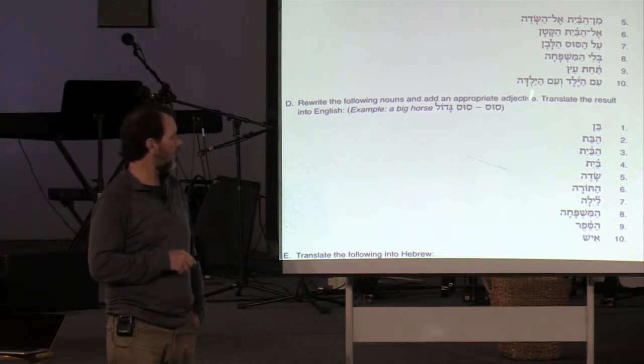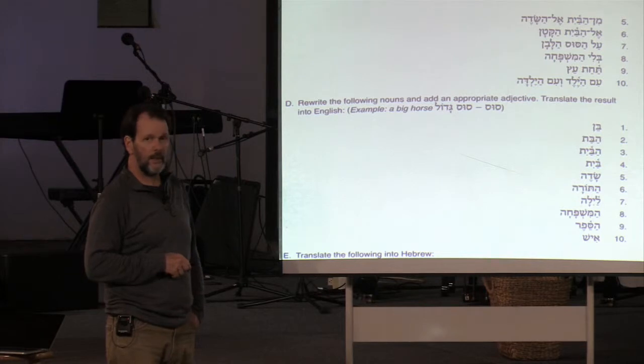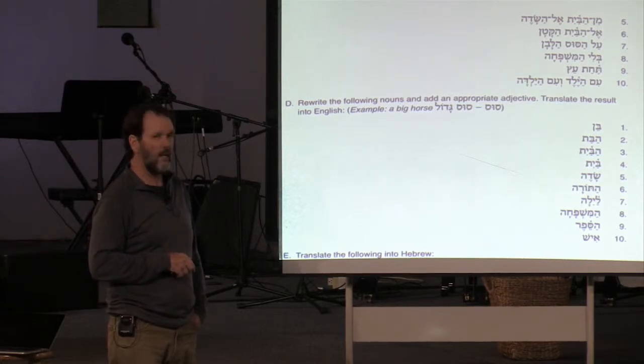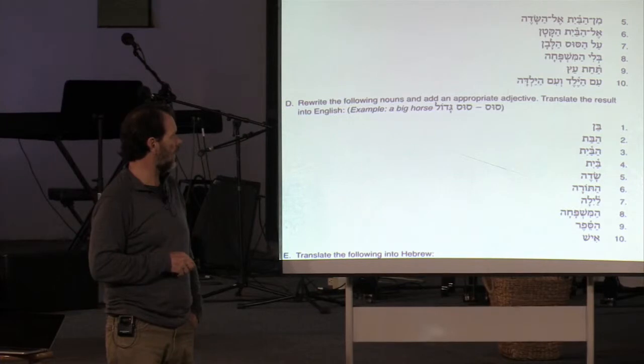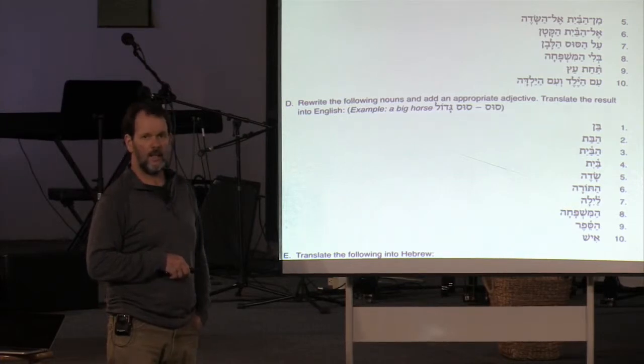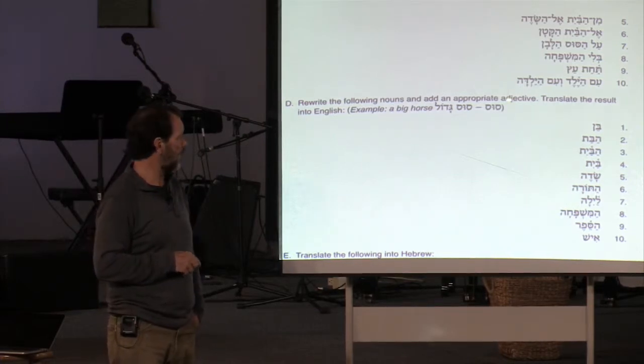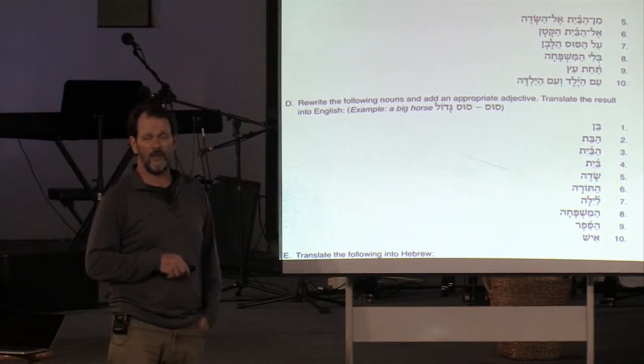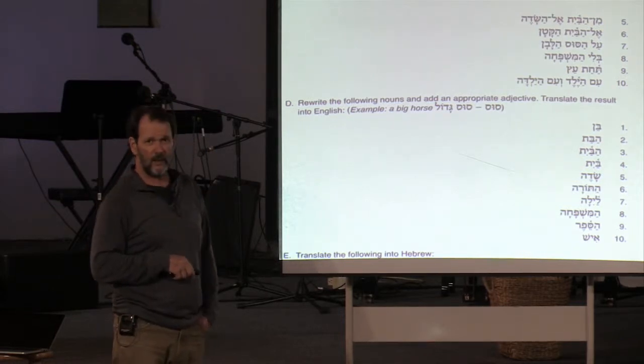Okay? Hayaldah. Remember, when you have the schwa in the middle of a word like that, it's not pronounced, it's silent. So it's hayaldah. Don't forget that, especially when you're doing a transliteration and you're putting an E there and you think it's hayeldah.